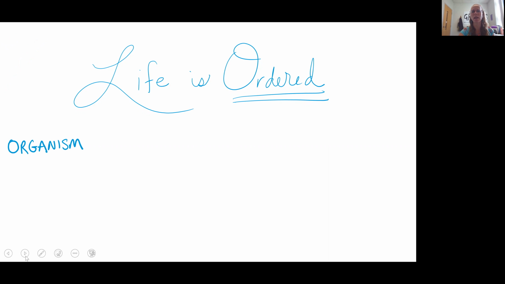When we talk about life being ordered, we can look at this from the big picture first and then go to smaller and smaller levels of organization. We're all familiar with an organism. We're organisms. We know that our dog and our cat and our fish and the birds and the tree are all organisms.